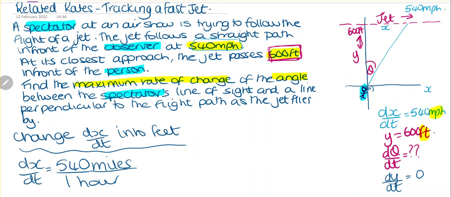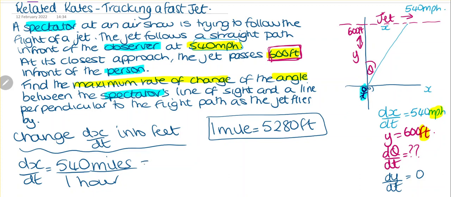Now, to be able to change this, we need to know the conversion rate. 1 mile is equal to 5280 feet. So we're going to have 5280 feet divided by 1 mile. Now, when they are opposite like this, we can simplify.